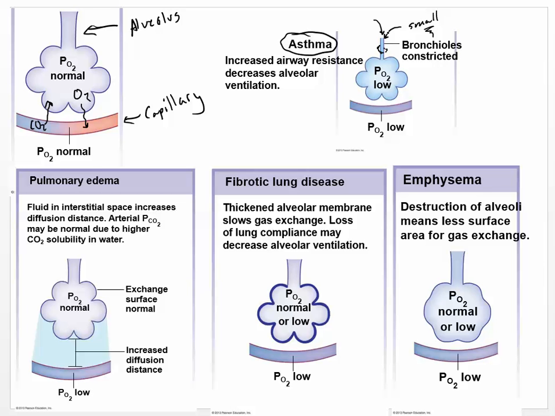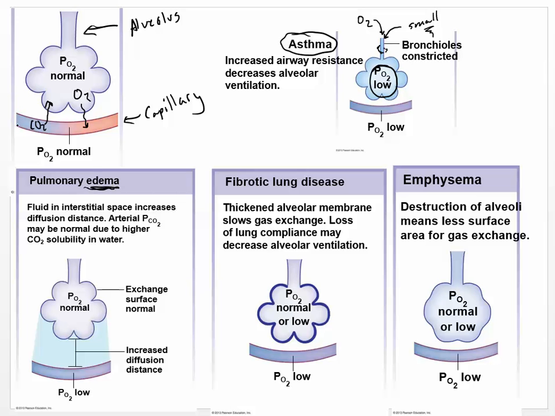Increased airway resistance: you have more resistance, and the air that's carrying the oxygen just isn't getting in there. And so that's going to decrease your alveolar ventilation. That means you can't move the air. You can't inspire and expire the way that you want to. So there's going to be lower oxygen, lower partial pressure of oxygen. That's not good.